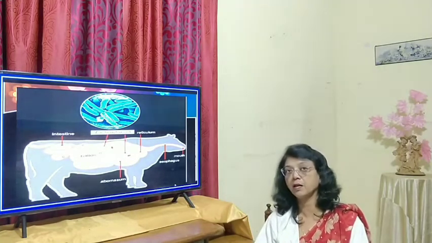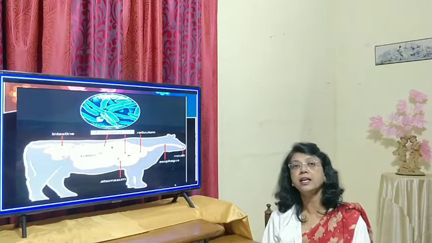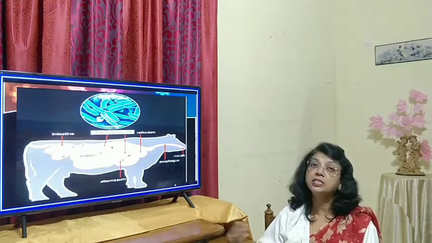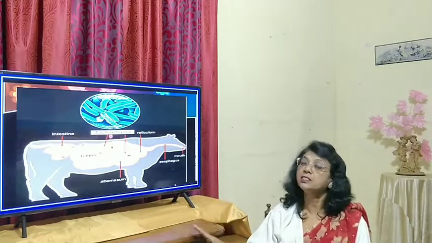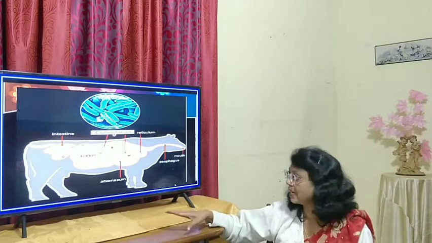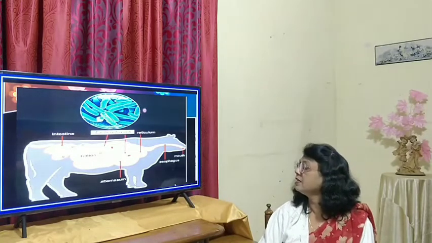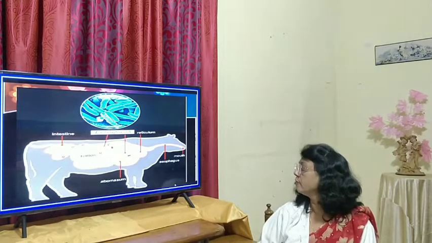Just before some time I was telling you that Escherichia coli lives in the human intestine. So this Escherichia coli also inhabits the intestine of the grazing animals or cattle. And you can see in this picture that Escherichia coli is present in the intestine of a cow.